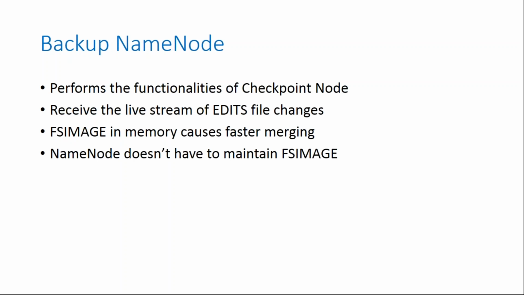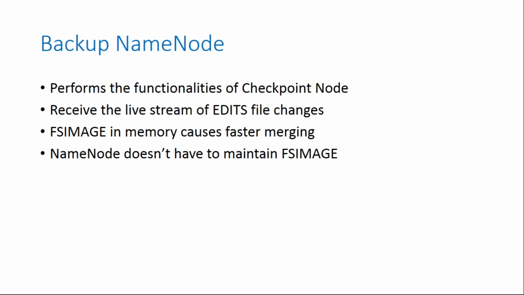Then the backup node. They got some improvements. The biggest improvement is that it also has all the functionalities of the checkpoint node. They used the same code base from the secondary name node and checkpoint node, but here they had some improvements.